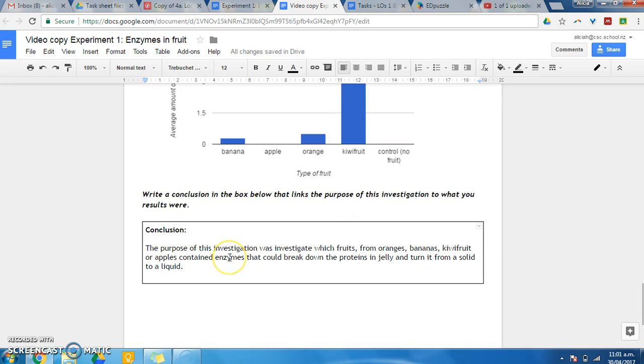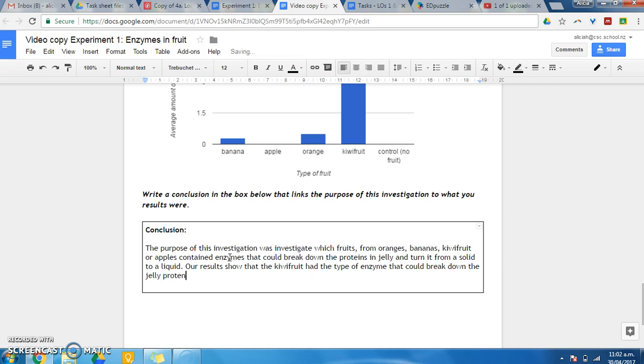So, linking back to what we did, our results show that the kiwi fruit had the type of enzyme that could break down the jelly proteins and change the jelly from a solid to a liquid the most.